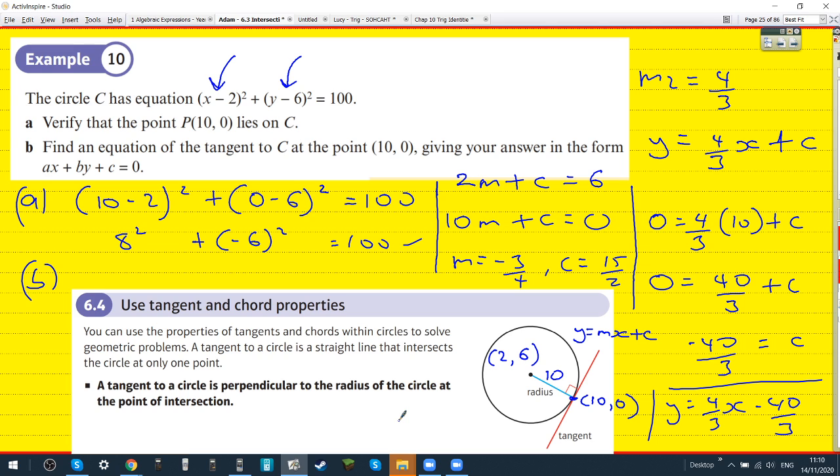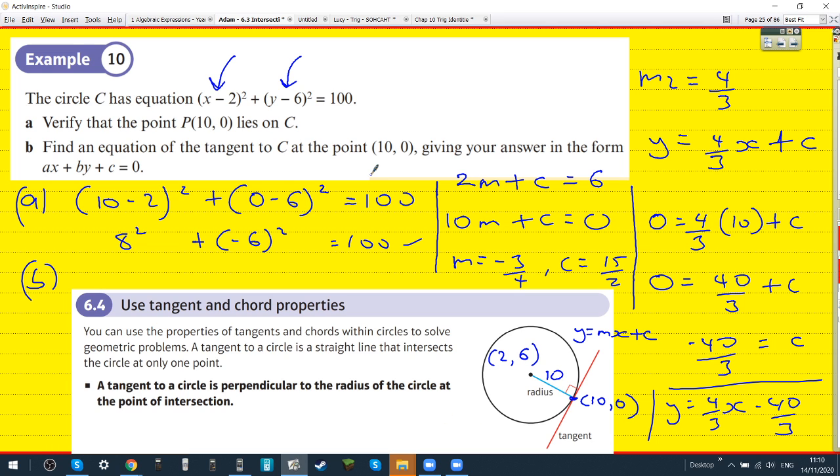You have to substitute into y equals mx plus c. Oh no, use simultaneous equations once you've got both substitutions. And how do you get the second coordinate? They gave us 10, 0. How did we get 2, 6? From the equation of the circle.